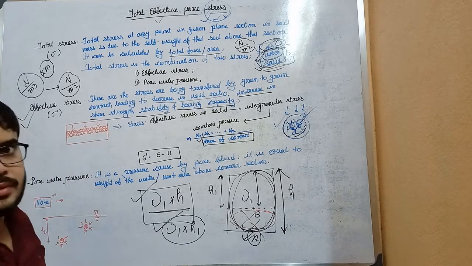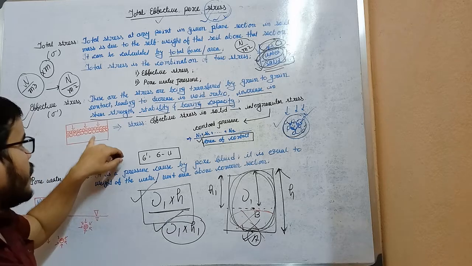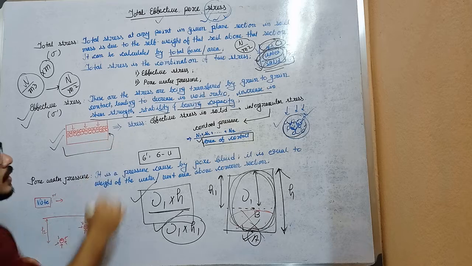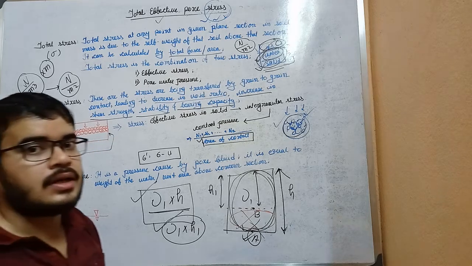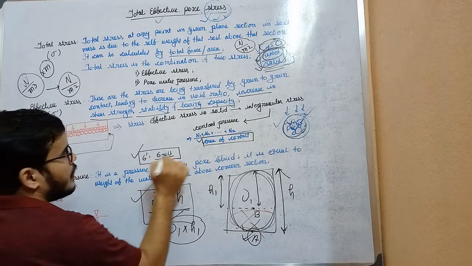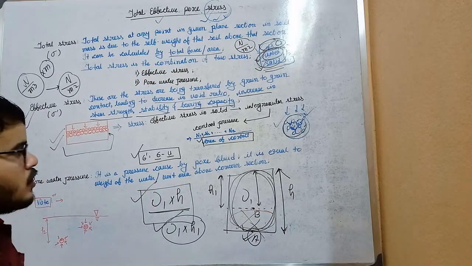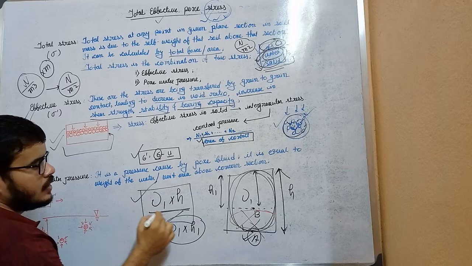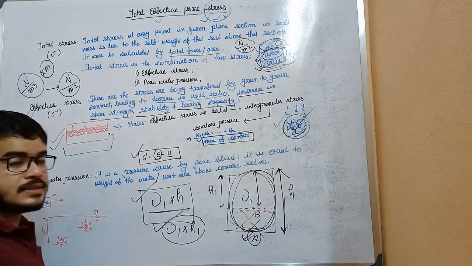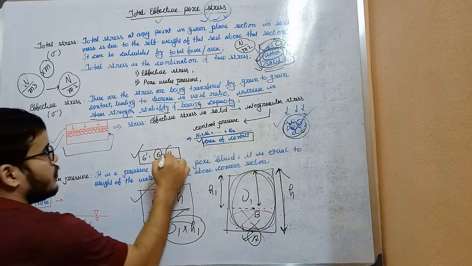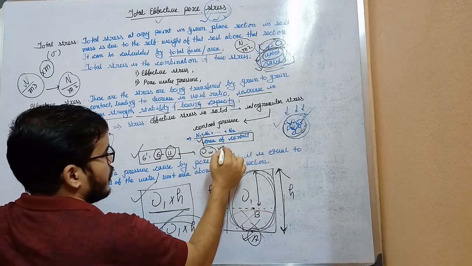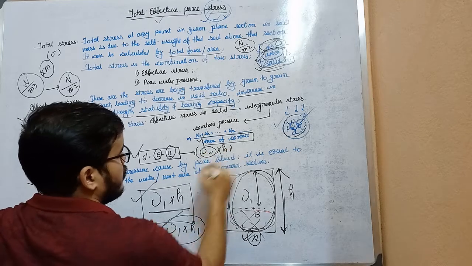It's clearly no. Okay, so we can't calculate the effective stress directly. We have to calculate it in a reverse way. How? That is, effective stress is equal to total stress minus pore water pressure. Total stress you can calculate as unit weight times height of the section, and pore water pressure you can also calculate, that is gamma W, unit weight of water, times height of the water table.